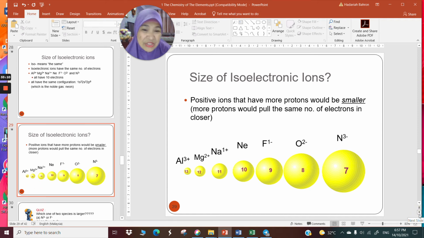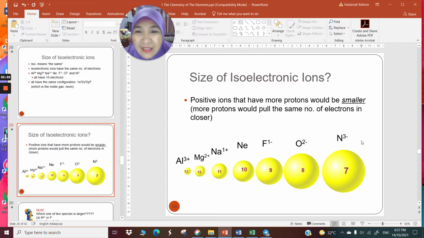Oh, the answer is here. So aluminium 3 plus, the nuclear charge is 13. Magnesium's nuclear charge is 12. Sodium is 11. But they are all isoelectronic. The number of electrons outside is the same.